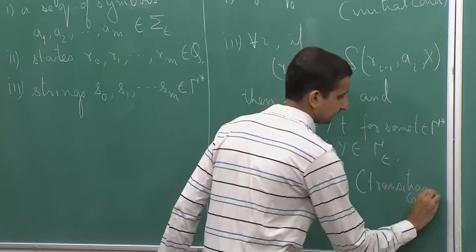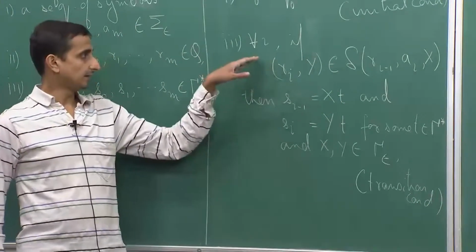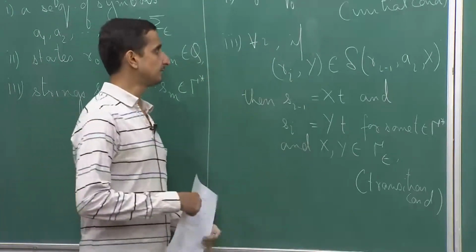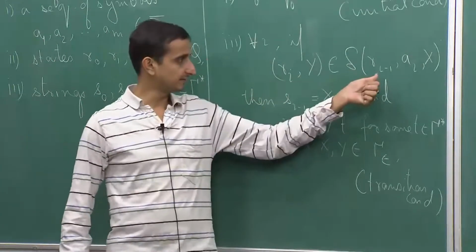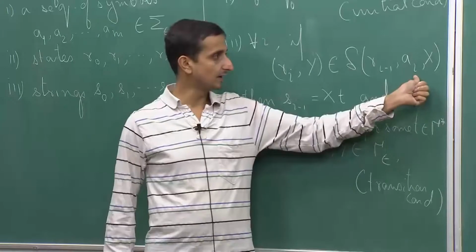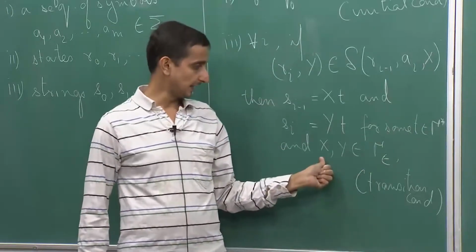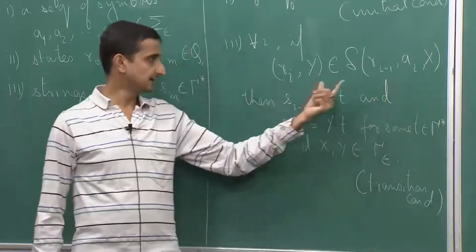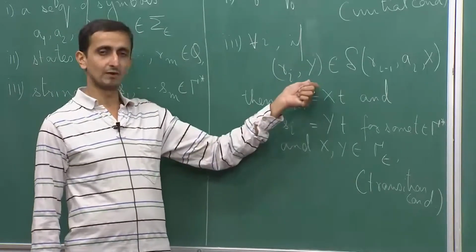So, this is the transition condition. Essentially, it says to look at some i in the set 1 through m. Now suppose I look at delta(Ri-1, ai, x) for some x, where x can be any symbol in gamma epsilon, and that set contains the pair (Ri, y).